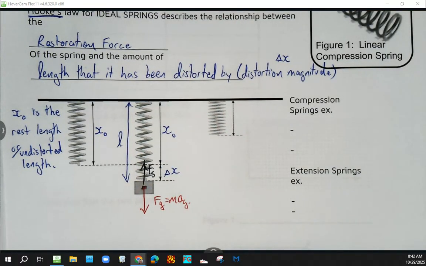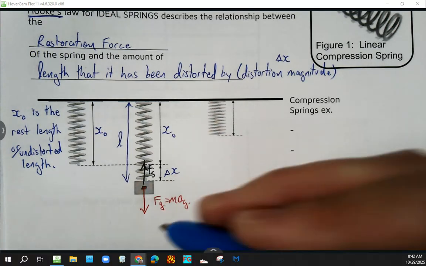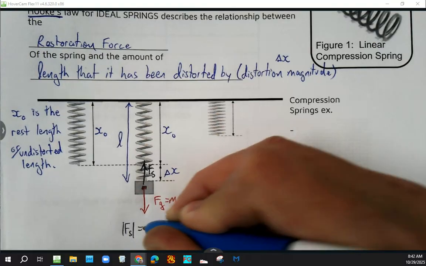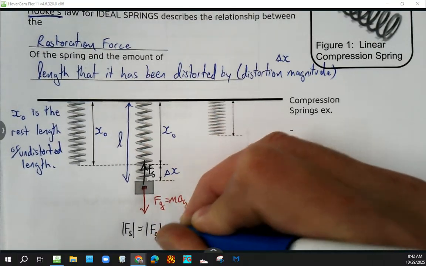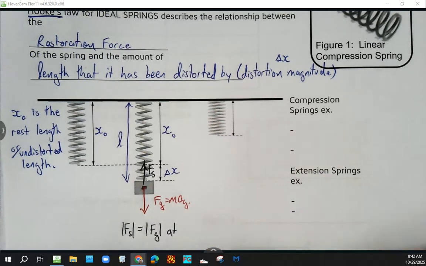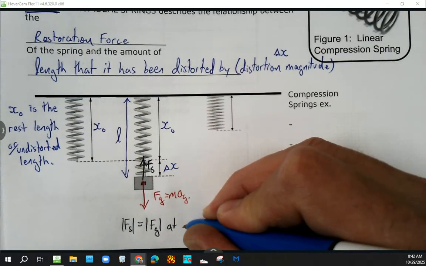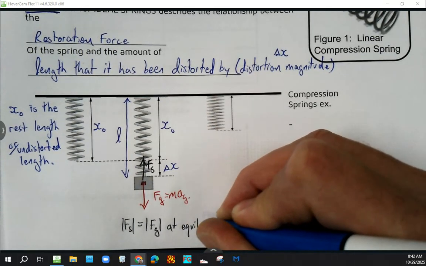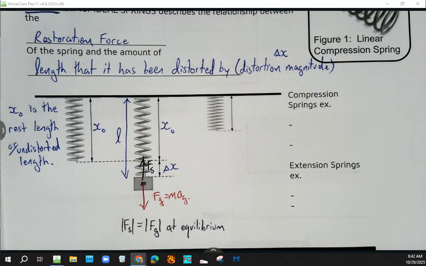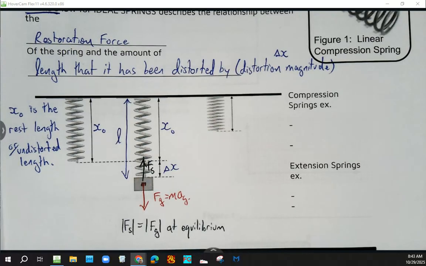It's a static equilibrium problem where the spring force is restoring equilibrium to this mass. It's keeping it in balance, okay? So in this special case, the magnitude of Fs would be the same as the magnitude of Fg at the special position that we call equilibrium, for a hanging spring mass system.